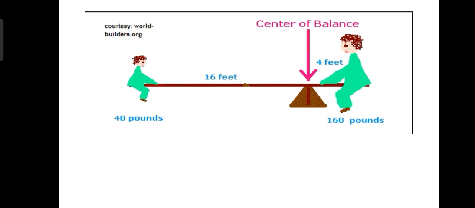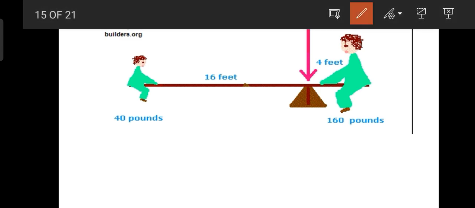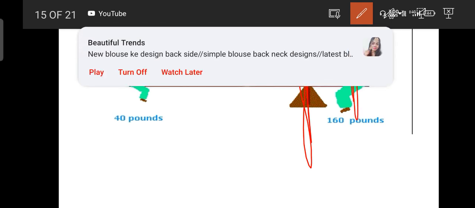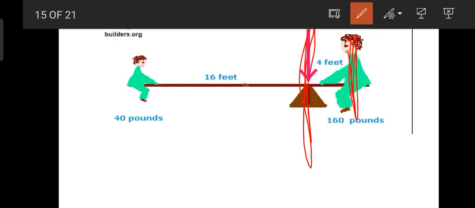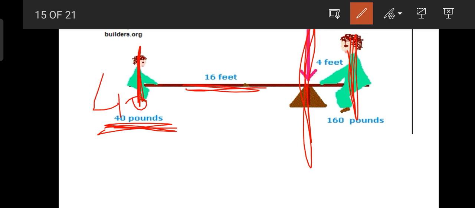Now in this case, if the pivoted point is here and the line of action is here, and this line of action is here, this is for 40 Newton at 16 feet, and this is 4 feet and 160 Newton.